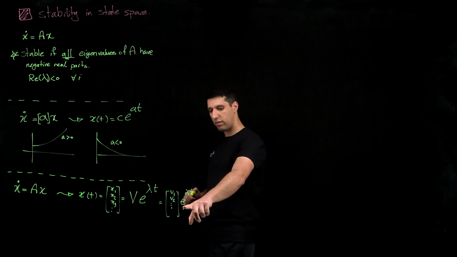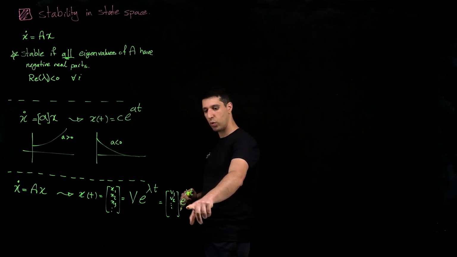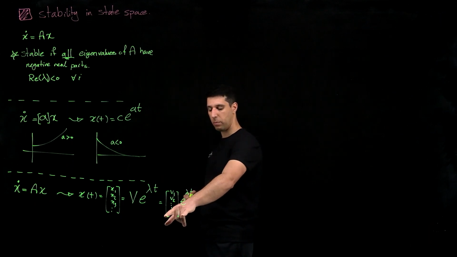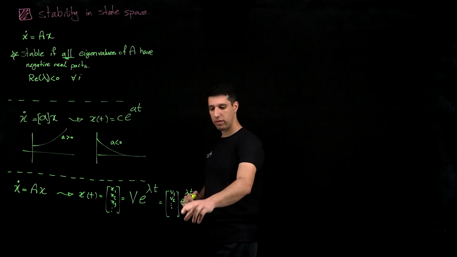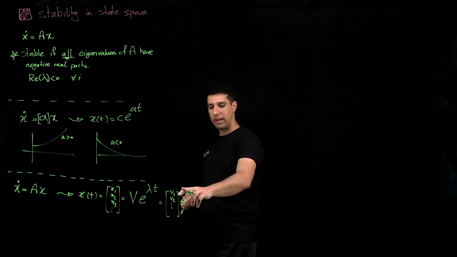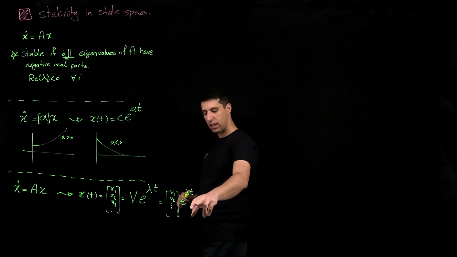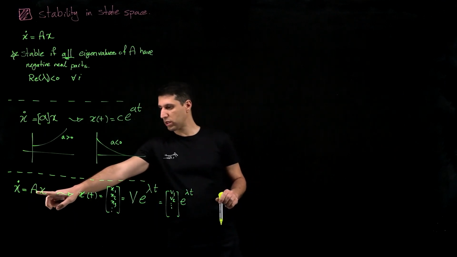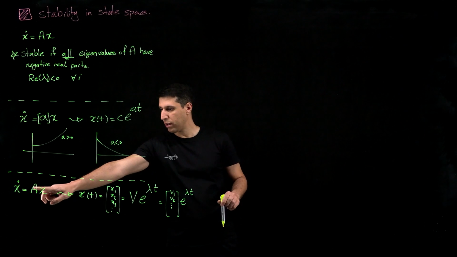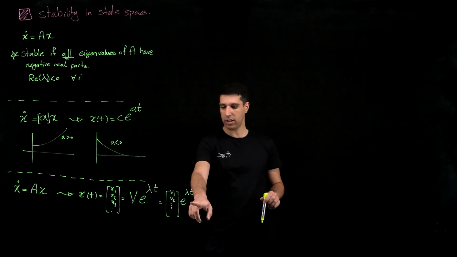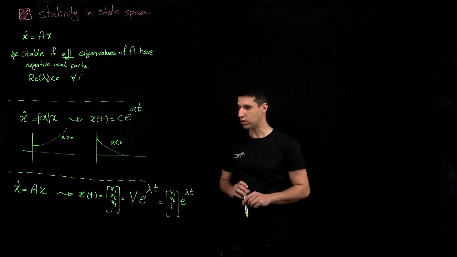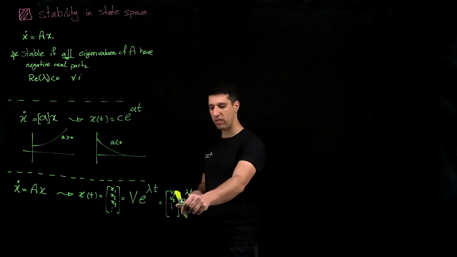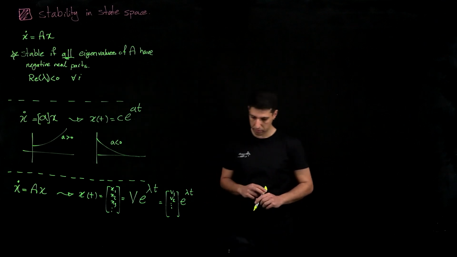If you take the derivative of this, because these are constant, they can all be moved out of the derivative. You will have lambda e to the lambda t as a derivative, equals a constant matrix A times, again, the same thing. So this can work as a solution pending the values of v and lambda.